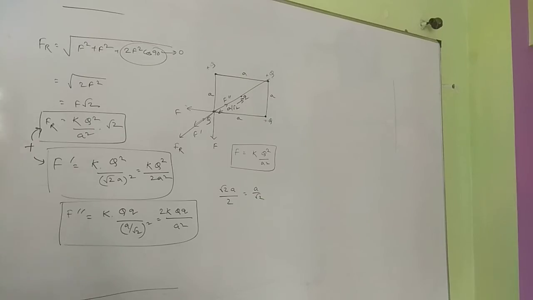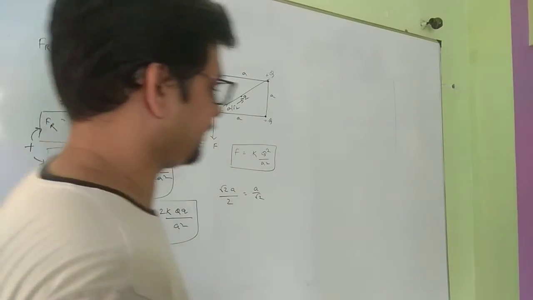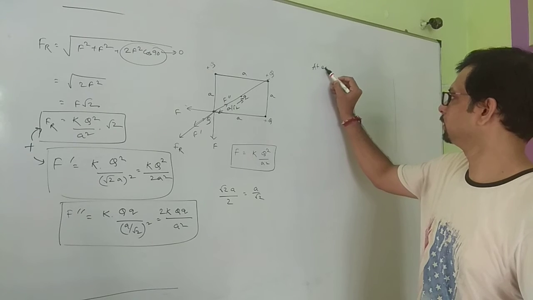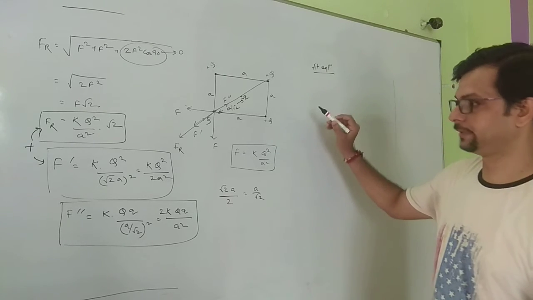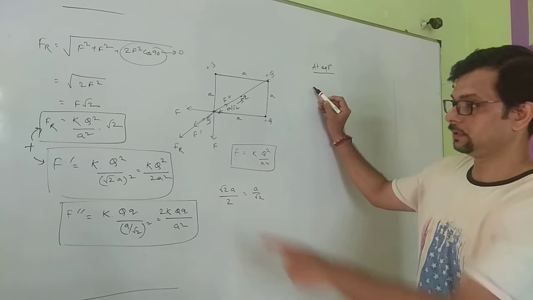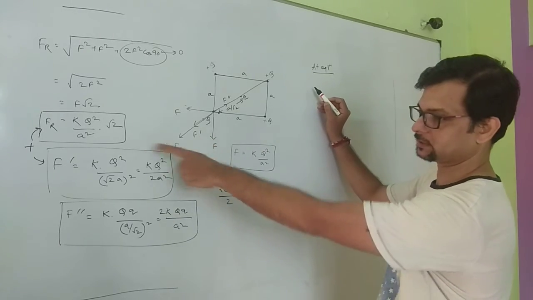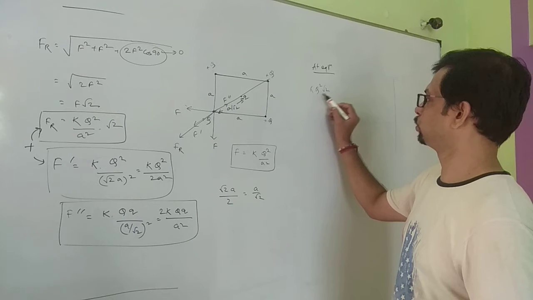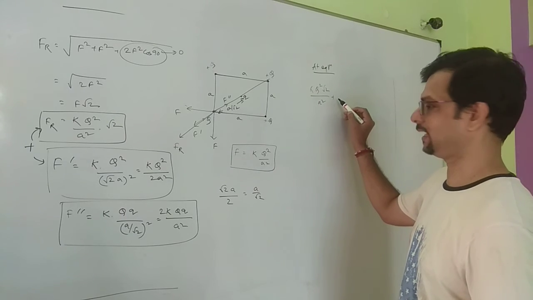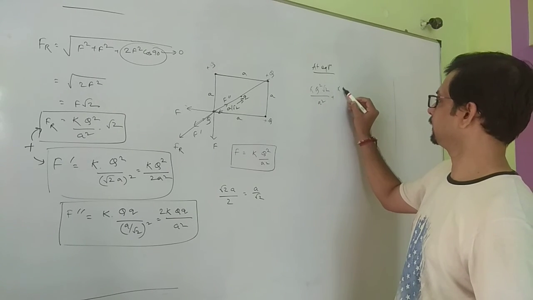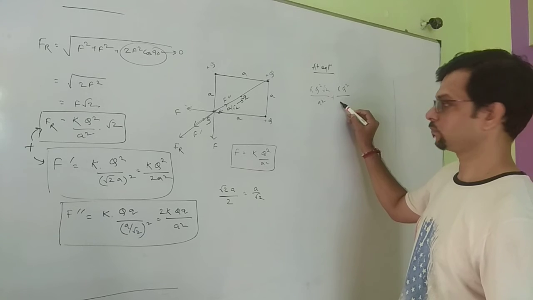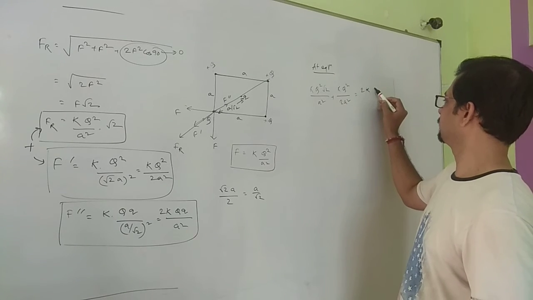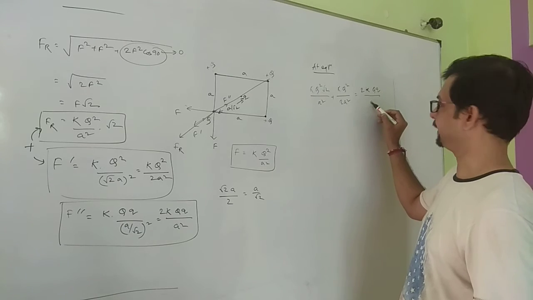According to this question, at equilibrium we can write Fr plus F dash equals the inward force. That means K Q square root 2 by A square plus K Q square by 2A square should be equal to 2 K Q q by A square.